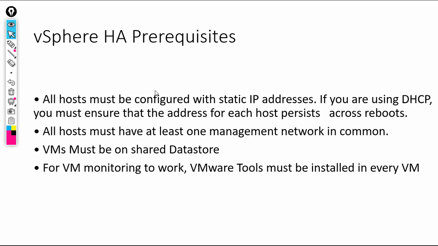Then all hosts must have at least one common management network, and the virtual machine that you want to protect with HA must be on a shared datastore. And to monitor the virtual machines, if you want to detect and prevent application failure or virtual machine failure, you need to install VMware Tools inside the virtual machine. Okay, so these are the prerequisites.